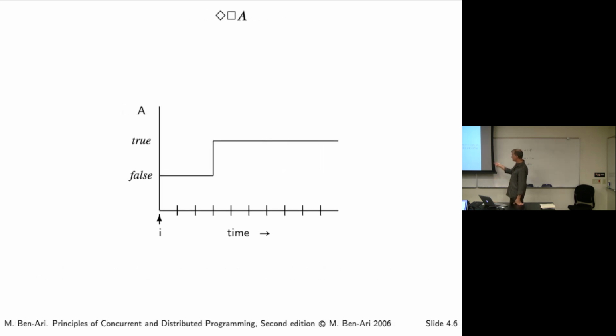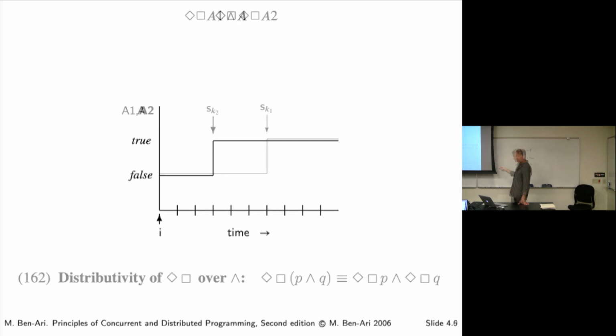And then here's another distributivity, only the one that we looked at before was always eventually. Now this one is eventually always, right? And here is his depiction of our 87, distributivity of eventually always over conjunction.